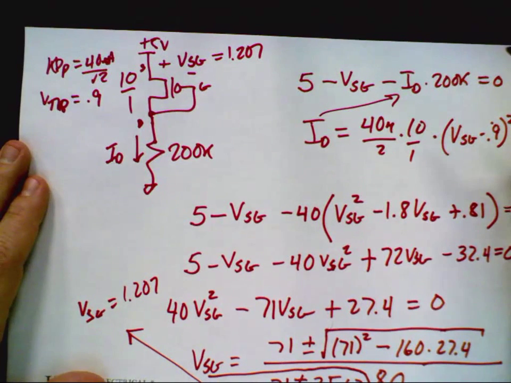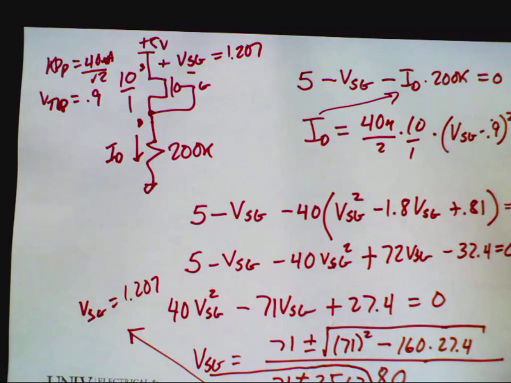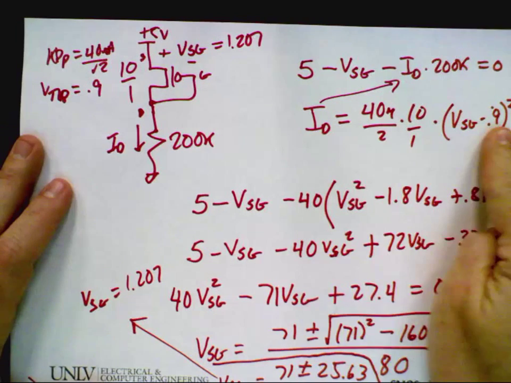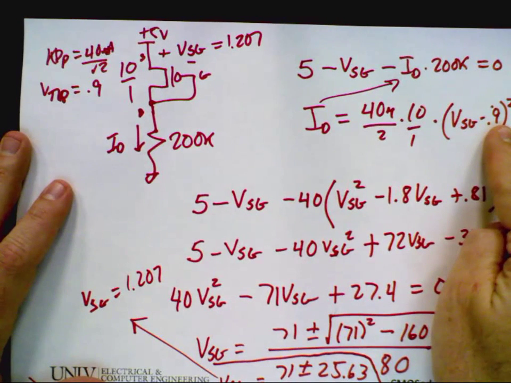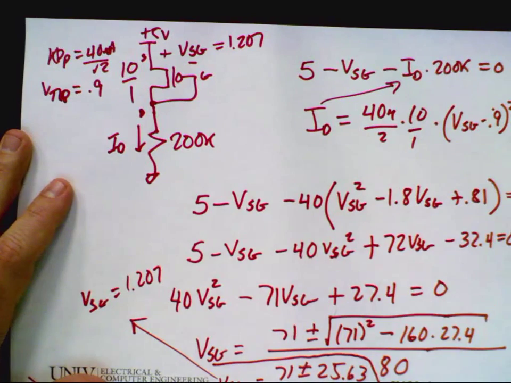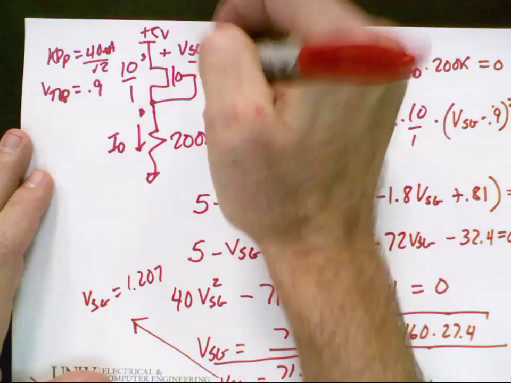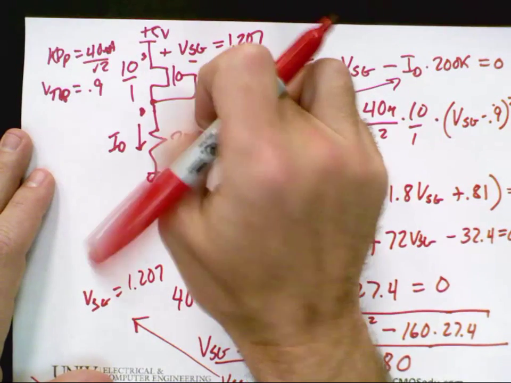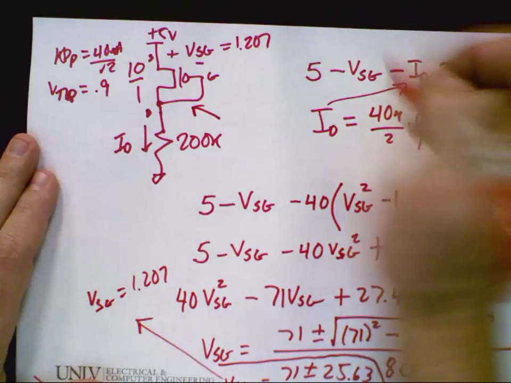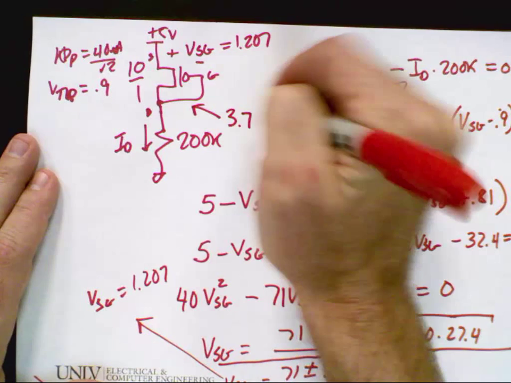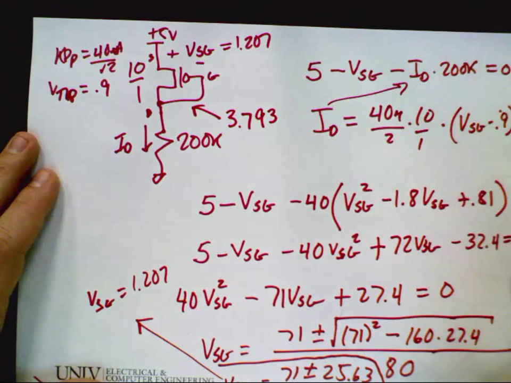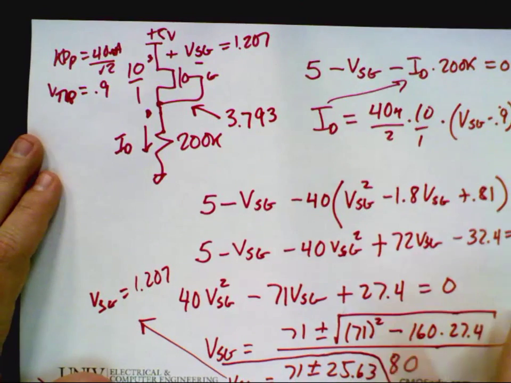So now I don't want you to make a mistake on the quiz. What you don't want to do to calculate ID is plug it in here, because that's extra work, right? The way you want to calculate ID is you want to say, oh, this is 5 minus 1.207, which means this voltage is 3.793, if I did the math right in my head.